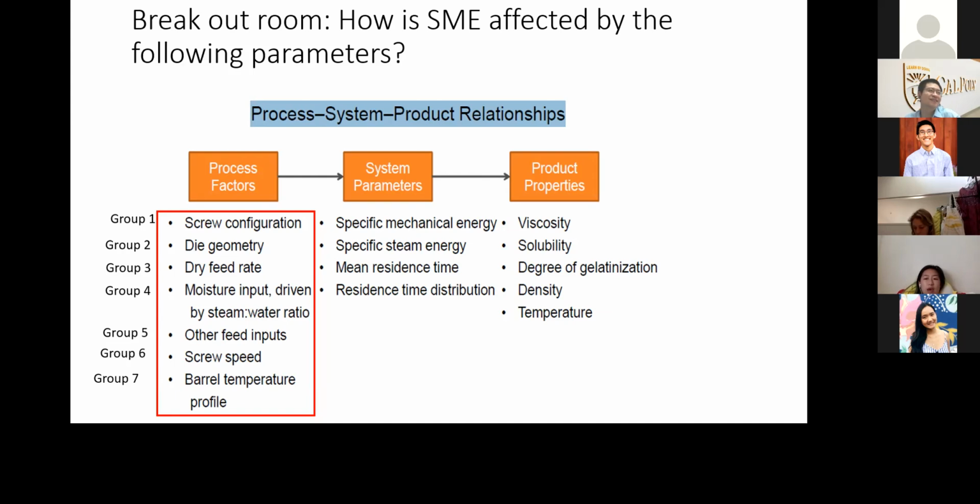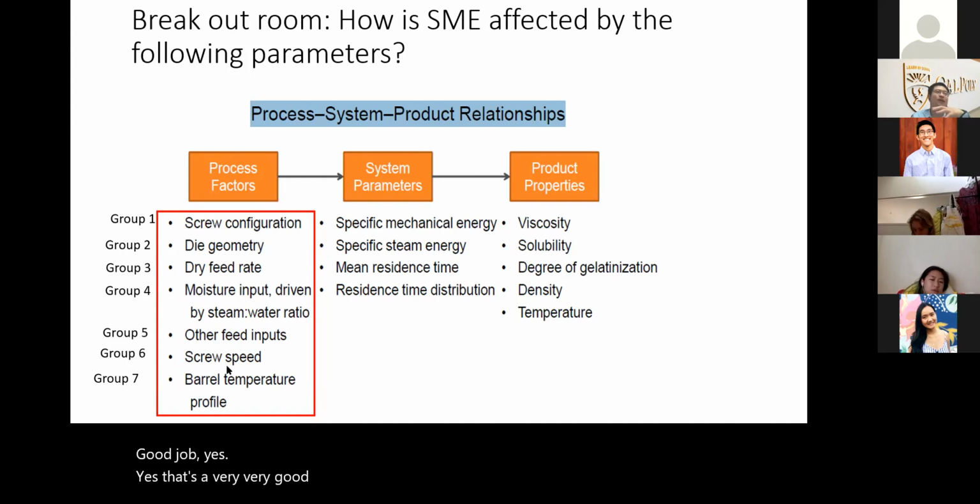And looking back at the equation, we also based our answer on it: the screw speed is in the numerator, so if it's faster, then it'll be a higher SME. Good job. Vice versa. Yes, that's a very good answer.